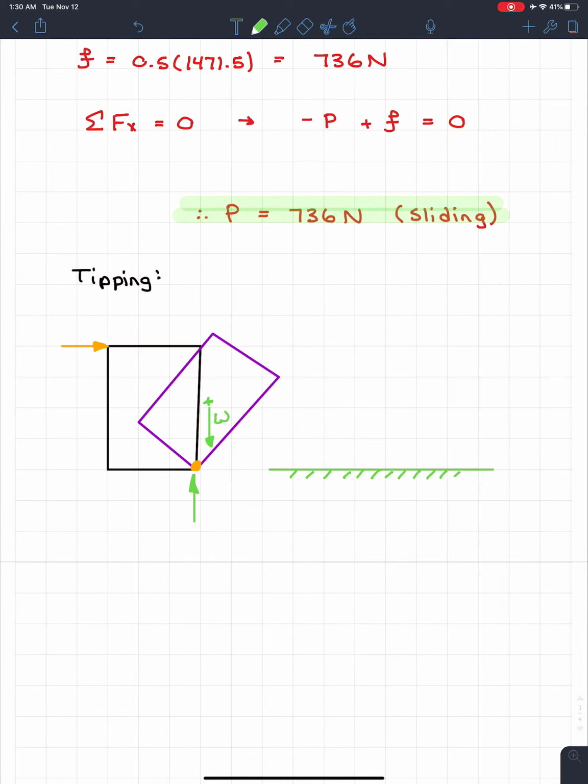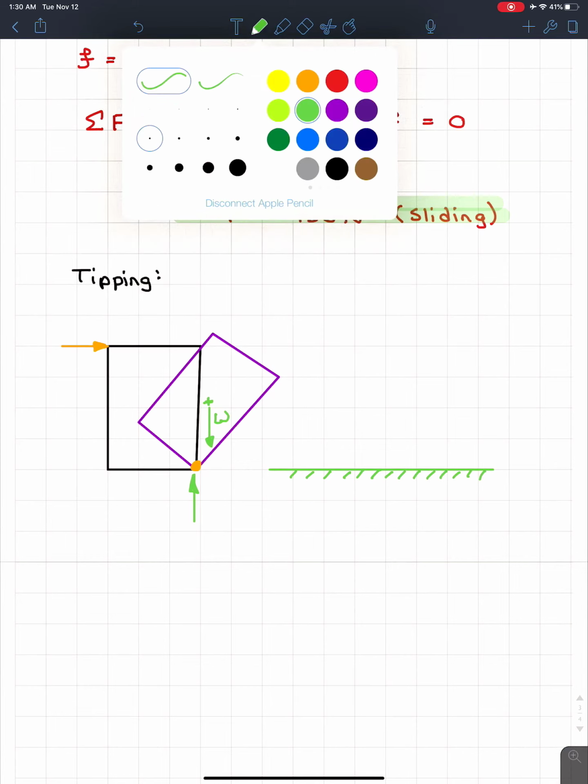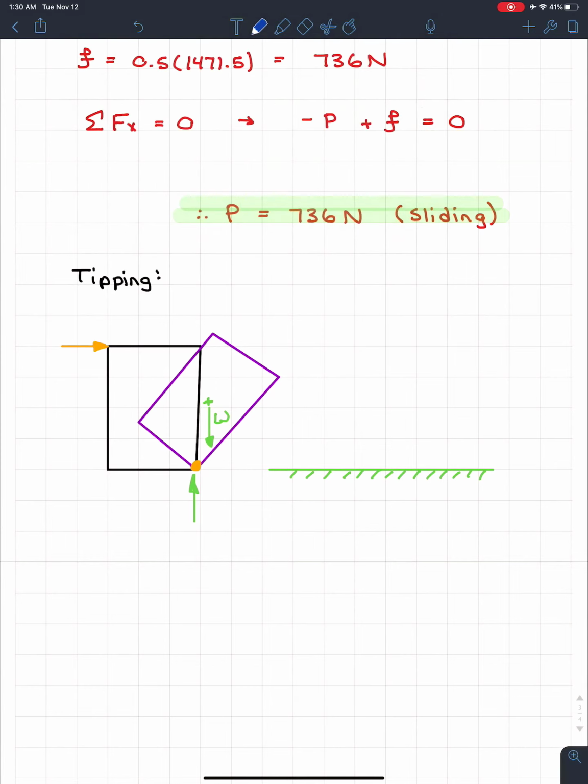So this is my floor, and let's say that my crate just tips. Remember, I'm not interested in finding out when it tips where it's already almost on the ground. I want to find that exact instance it starts tipping. And at that exact instance, if it's tipping about this point right here, what we'll find is the bottom of the crate will be like this. It'll just barely start tipping.